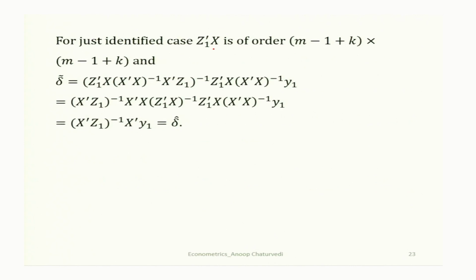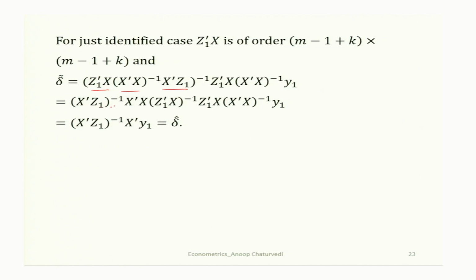For the just identified case, X transpose Z1 is a square matrix of order (m minus 1 plus k) cross (m minus 1 plus k), and then you get this expression for delta curl, which is the indirect least squares estimate. In this case, all these matrices are square and non-singular, so you can take the inverse.